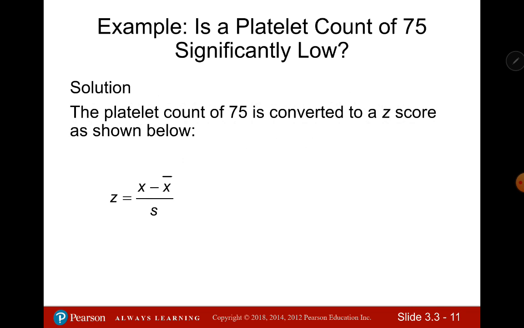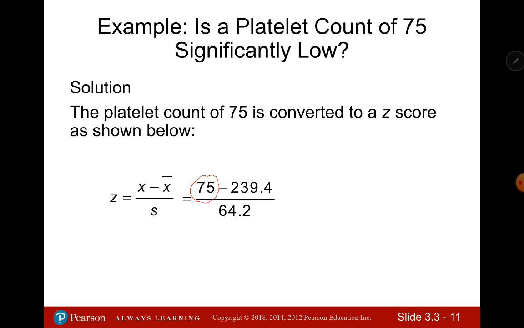So the first step is to translate the x value to the standard score, z-score. The 75 is the x value we want to test, right? Is this value significantly low or significantly high? So make sure you put the x value, the value you want to test, for the first term.